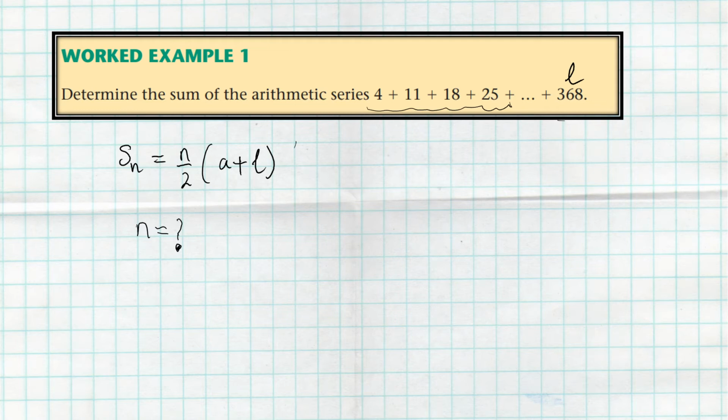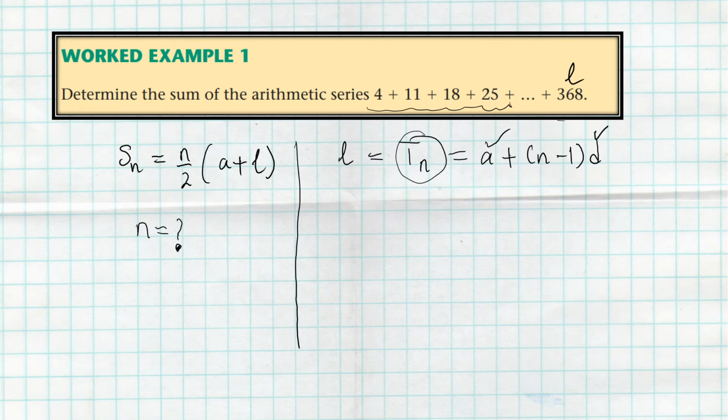The last term is the same as Tn, and Tn is the same as a plus n minus 1 d. So if we get the common difference and a, and substitute our Tn of 368, we can solve for n. I'm going to replace Tn by 368, and a is our first term, which is 4, plus n minus 1. Let's calculate the common difference.